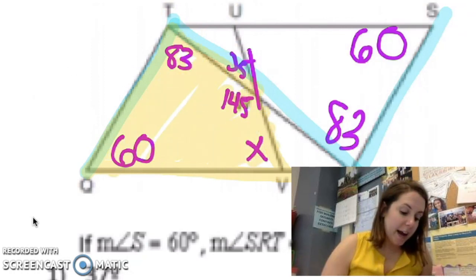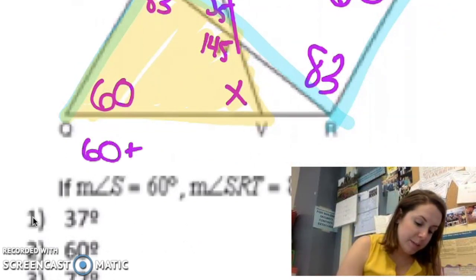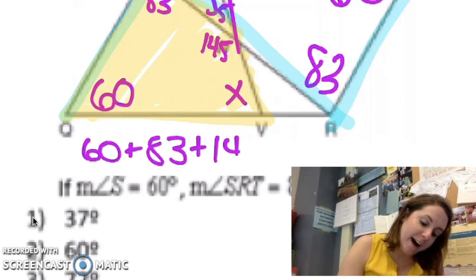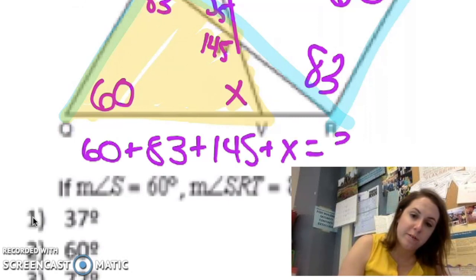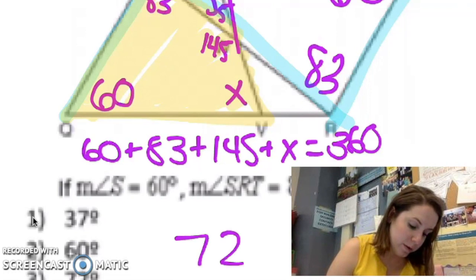And so now I know those need to add up to 360. So 60 plus 83 plus 145 plus x equals 360 because the sum of the angles in any quad is 360. So 60 plus 83 plus 145 is 288, and 360 minus 288 would be 72 degrees.